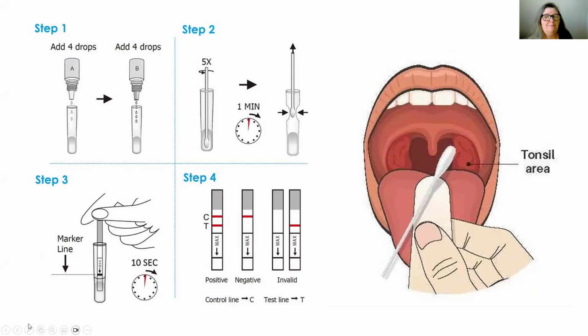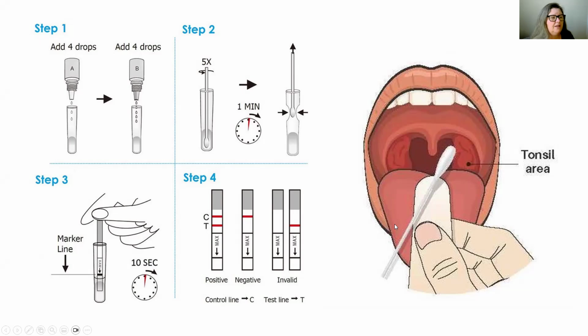So for strep A, here is what you do. You take 4 drops of one of your reagents, and then 4 drops of the other reagent. This is a little misleading. They both go in the same tube. Okay, so 4 drops of yellow or red, 4 drops of yellow or red, into the tube.